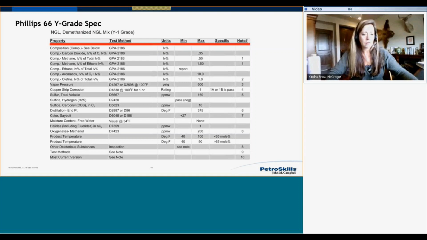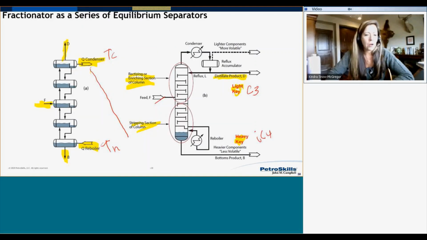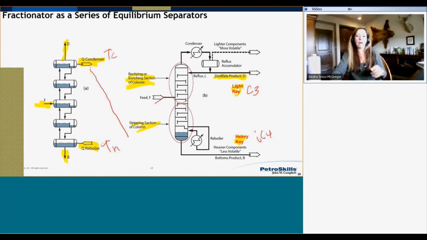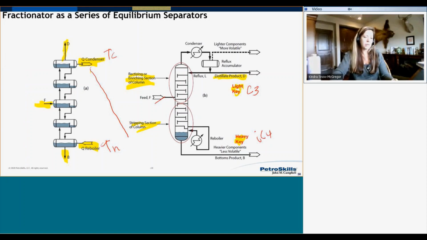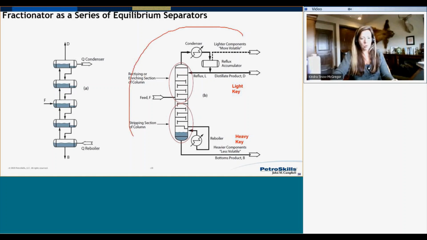Right. So here's the thing. When we start looking at doing detailed calculations of these columns, and I didn't go into how to set up my mass and heat balance, but essentially what we need to do, and this is covered in our G4 course, is set up my shortcut calculations, where I can do these by hand, or you can set them up.